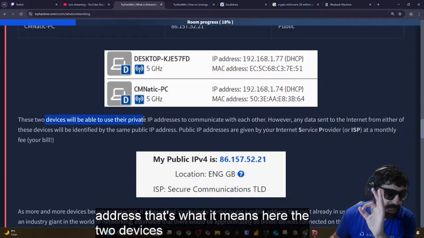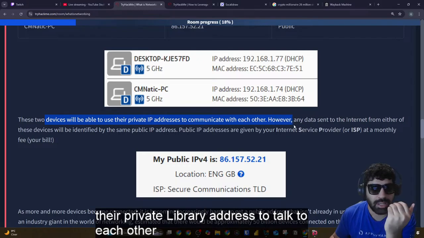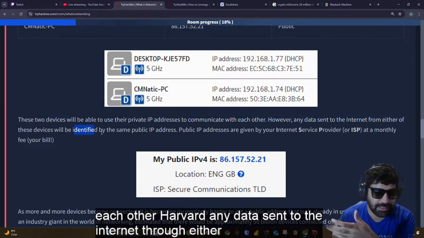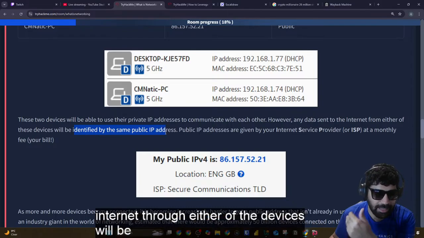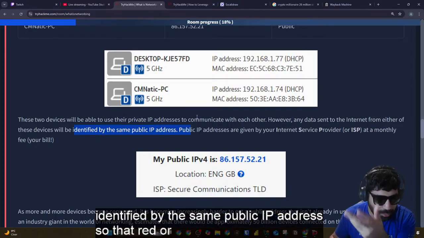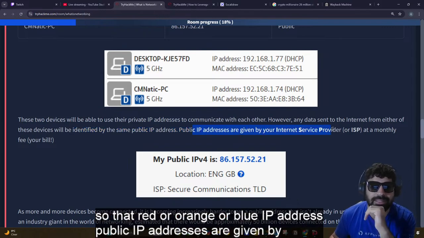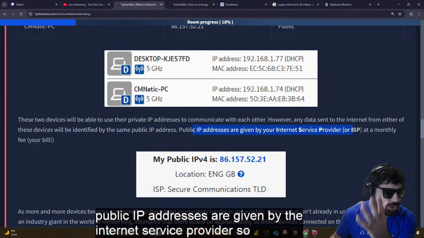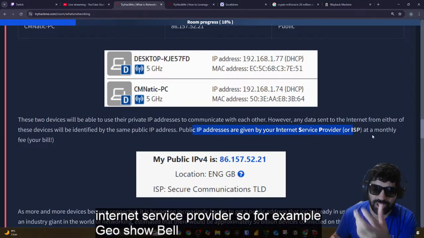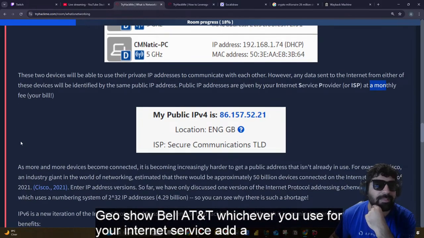The two devices will be able to use their private IP addresses to talk to each other. However, any data sent to the internet through either of the devices will be identified by the same public IP address, so that red or orange or blue IP address. Public IP addresses are given by the internet service provider, for example Jio, Shaw, Bell, AT&T, whichever you use for your internet service, at a monthly fee, basically your bill.